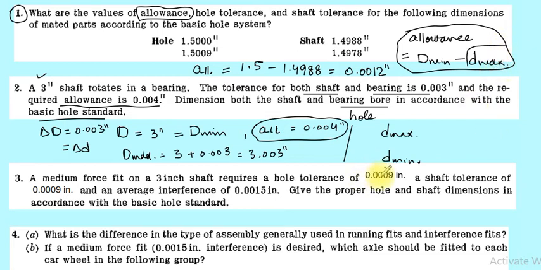From this formula, d maximum can be found as D minimum minus the allowance value. So I have simply rearranged this formula. D minimum we know is 3 inches, allowance is 0.004 inches.